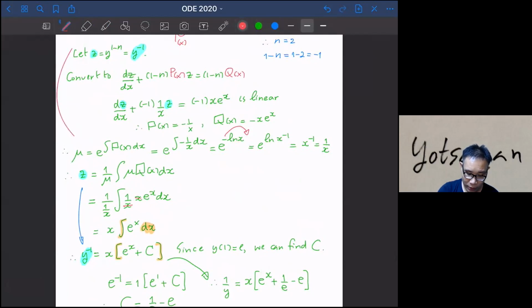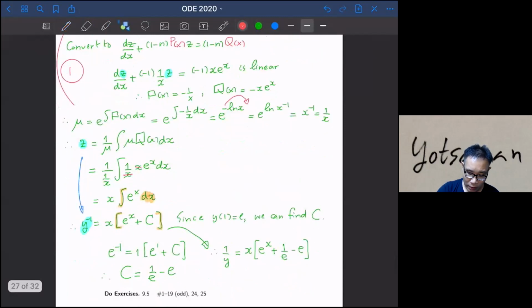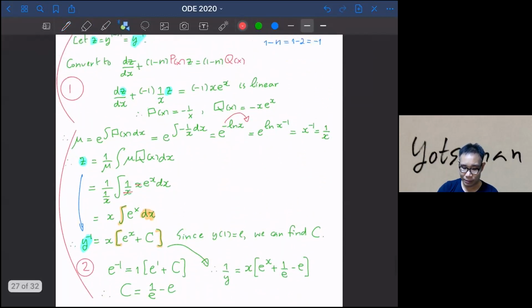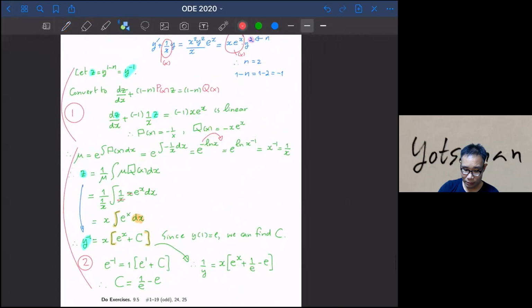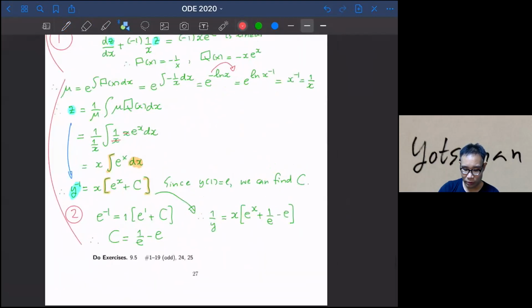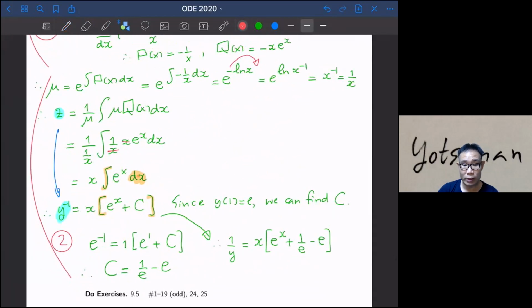This one is your first step, and the second will be your second step here. And that's all. That should be all of the things that you need.